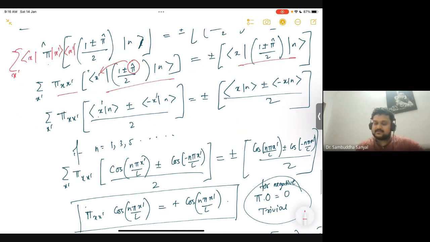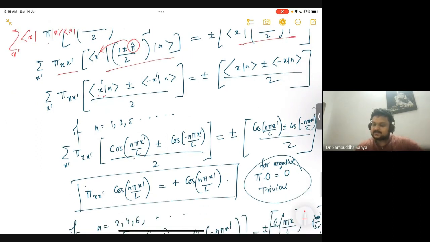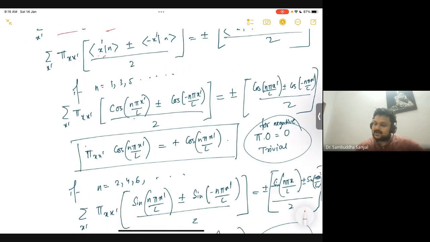Now if n is 1, 3, 5, which means odd, then this psi n is cos, then psi n of minus x is cos of minus x. So this is what I write on both sides. For minus, they will cancel each other, and for plus, they will add. So the minus is a trivial statement. It is not even a condition because it is of course always true. If you act with pi on the zero null vector, you will get zero. Notice that this is not a null vector, by the way.